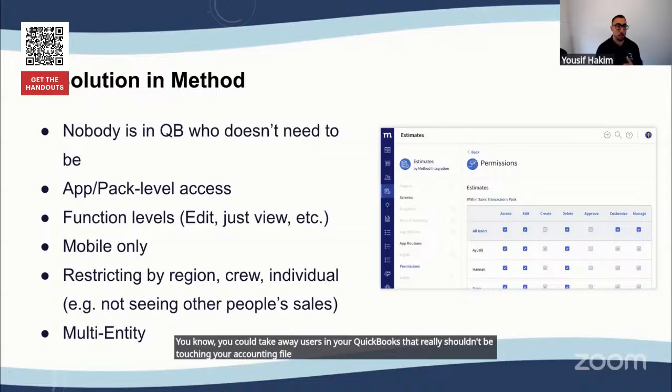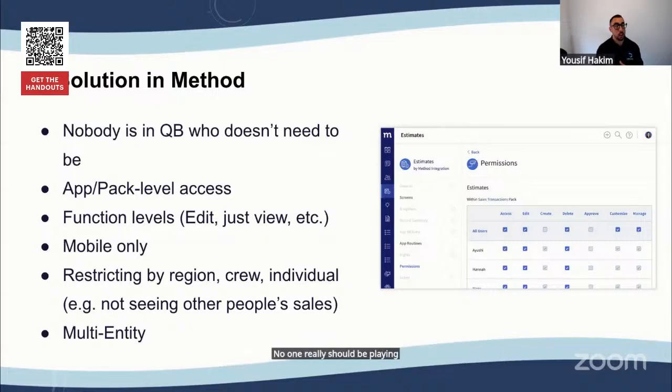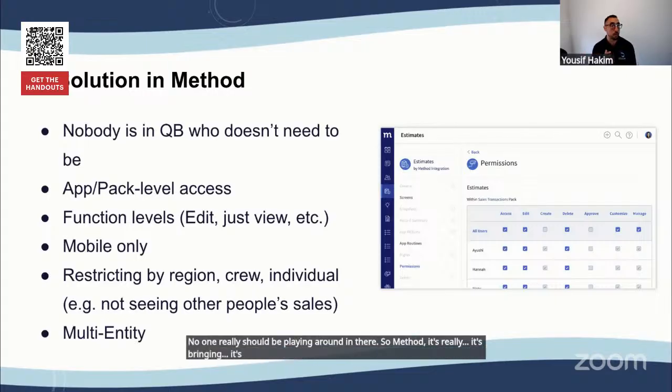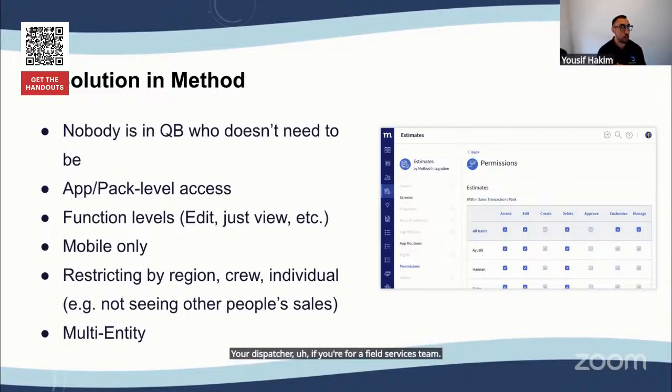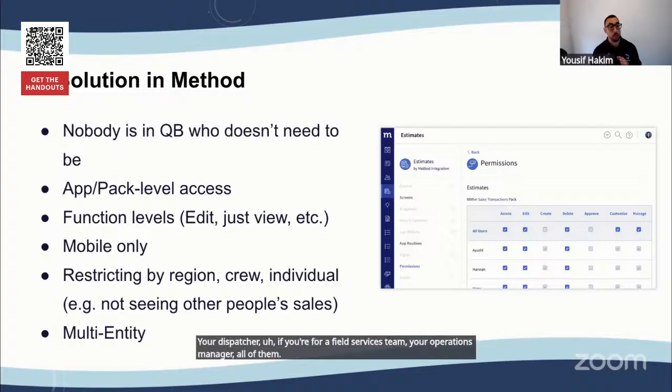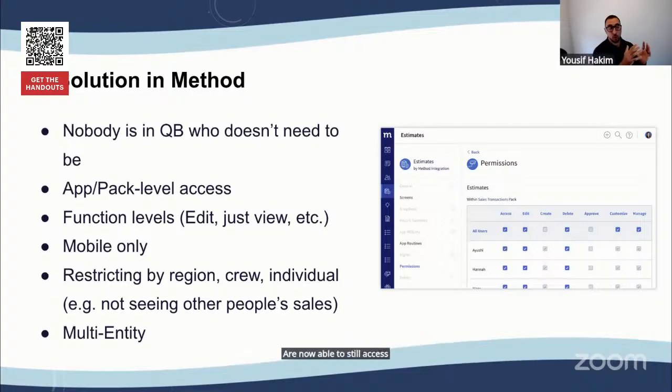That is the holy grail. No one really should be playing around in there. So Method solves that problem for you: your sales reps, your dispatcher if you're a field services team, your operations manager, all of them are now able to still access the elements of QuickBooks within Method and with the right permissions.